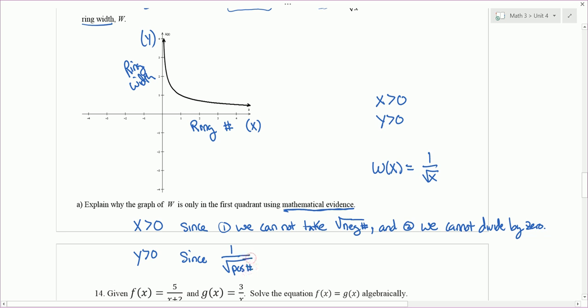And if you have 1 divided by the square root of a positive number, that's going to equal a positive number. So we are always going to get positive y values. So if you're always working with positive x values and positive y values, then you're always going to be in the first quadrant. So there's our mathematical explanation.